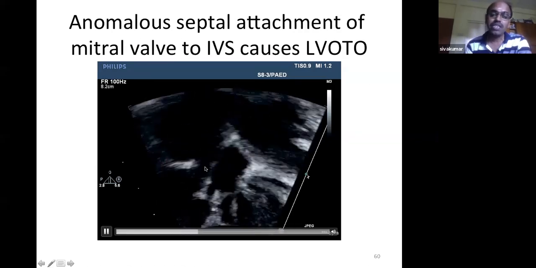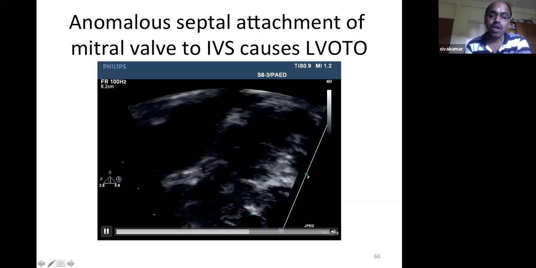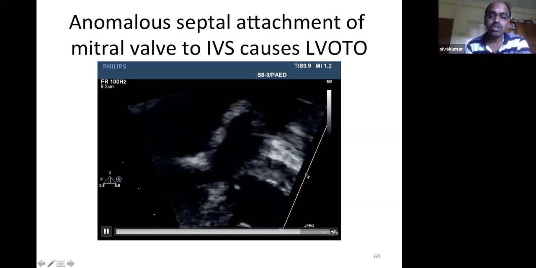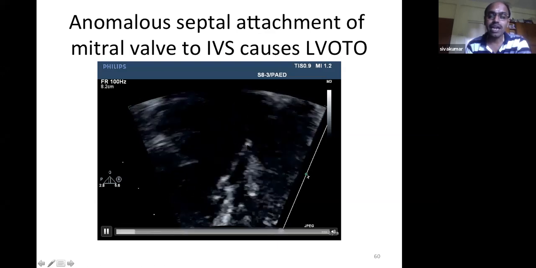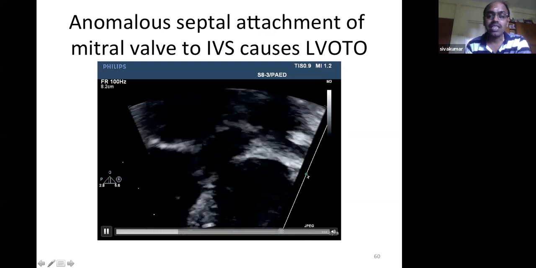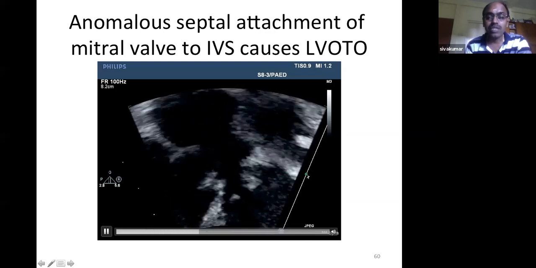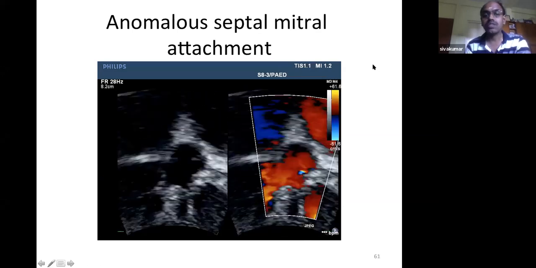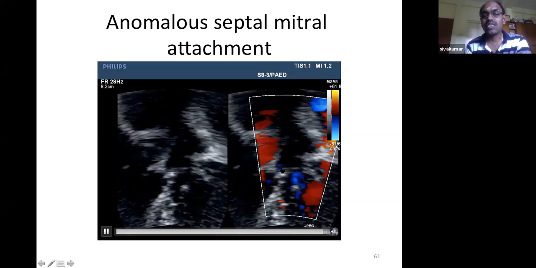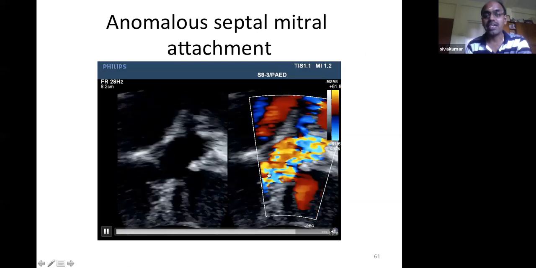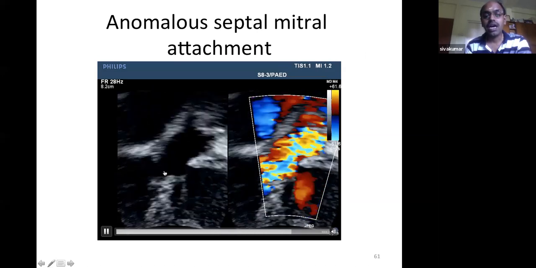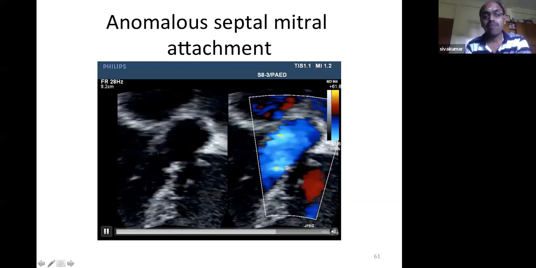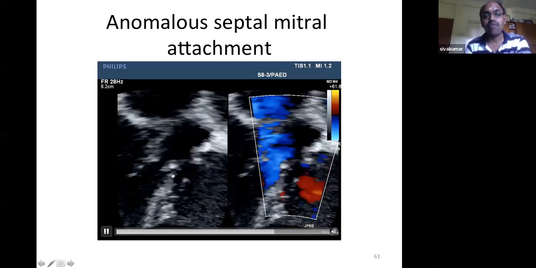In some of the patients, it can be due to the mitral valve chordae getting a firm attachment towards the left ventricular outflow tract. And this will result in abnormal attachment of the mitral valve itself causing a severe subpulmonic stenosis. So this is the severe subpulmonic stenosis that has been created by the abnormal attachment of the mitral leaflet towards the interventricular septum.